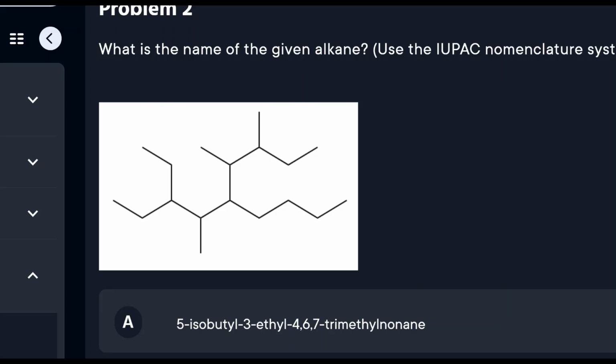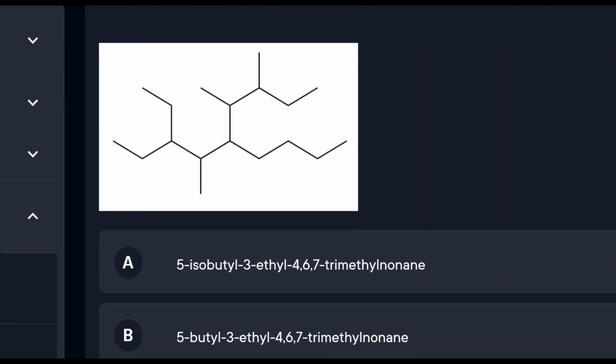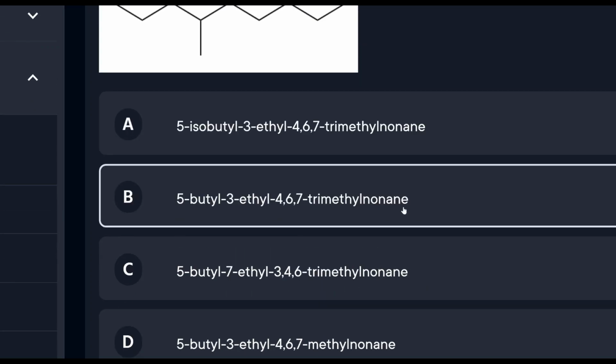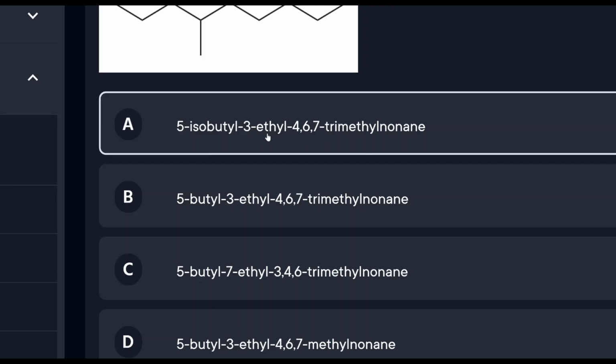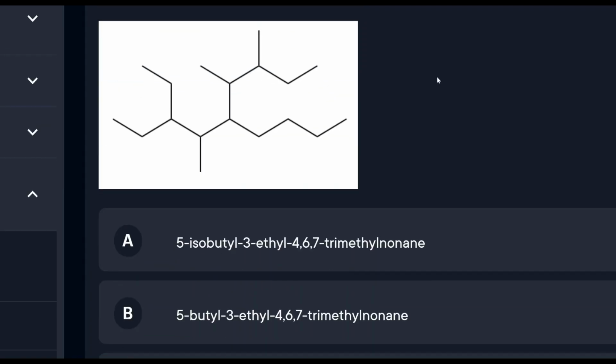Butyl is the highest on the alphabet. We don't have anything that starts with an A, so B is next. So we're going to have 1, 2, 3, 4, 5, or 1, 2, 3, 4, 5, either way. 5 butyl.